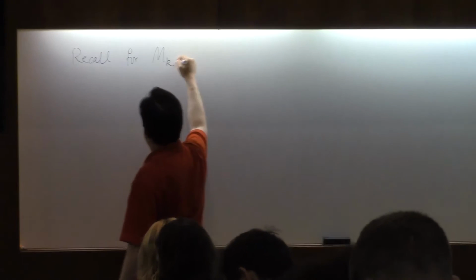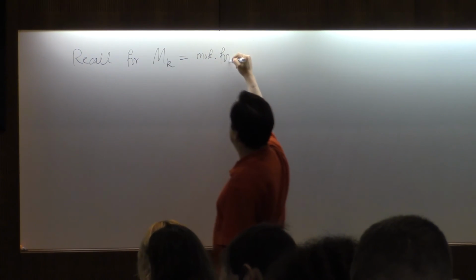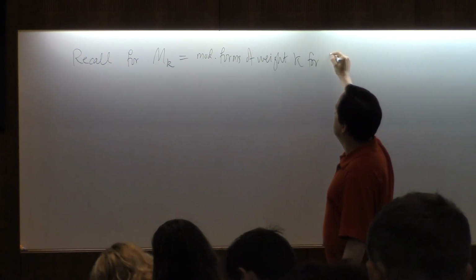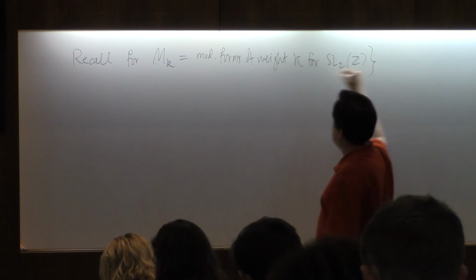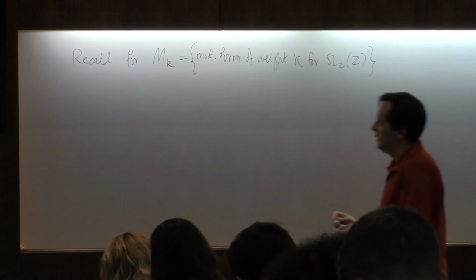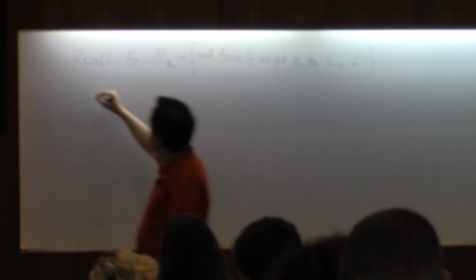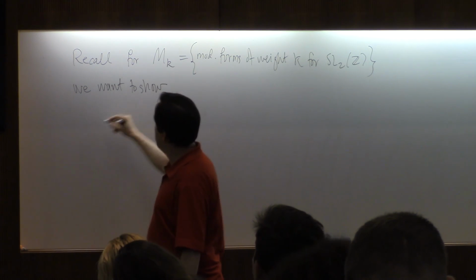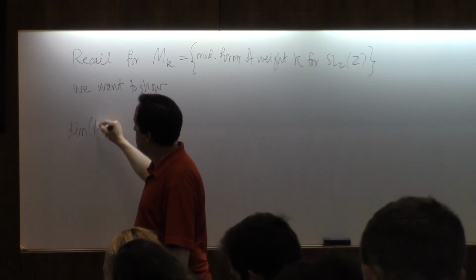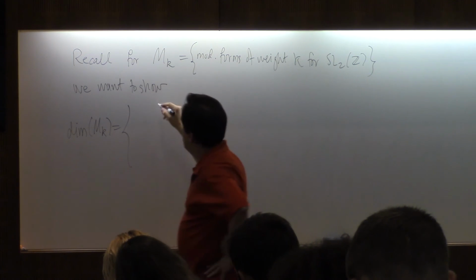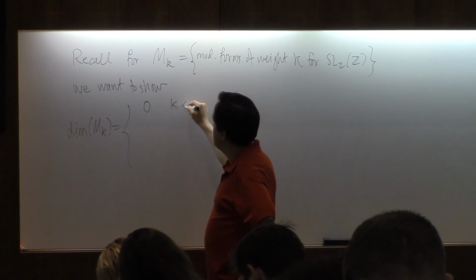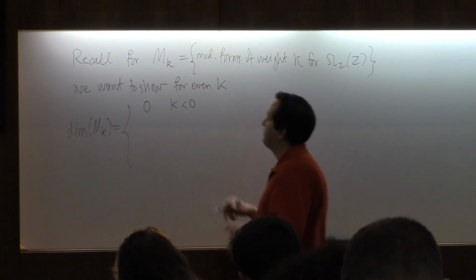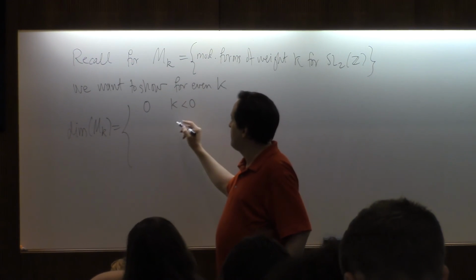So I'll write M sub k for the modular forms of weight k for SL2Z. The set of all of these is a complex vector space, and we wanted to compute the dimension. We want to show, for even k, since we already know it's 0 if k is odd, that it's 0 if k is less than 0.